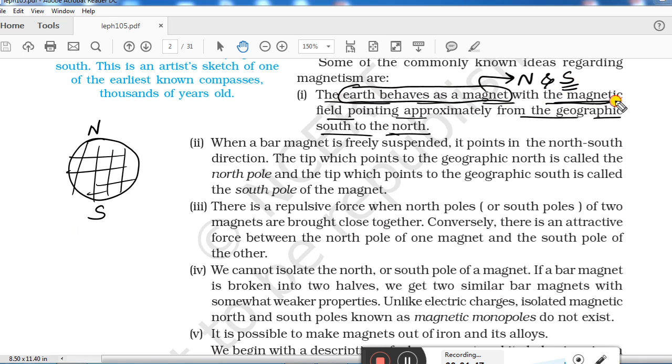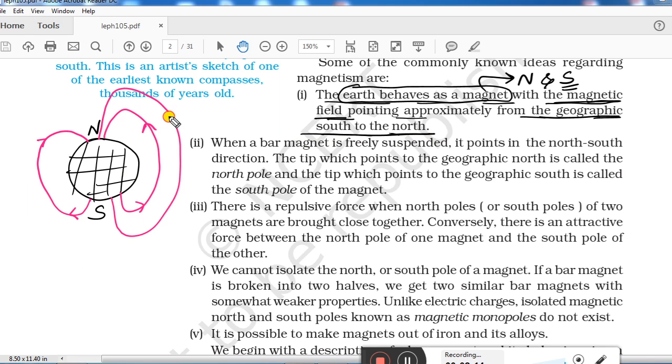Its magnetic field lies from south to north. That means from geographic south it comes out, and towards geographic north it goes into. This is the direction of Earth's magnetic field.